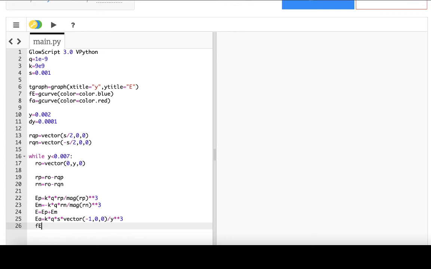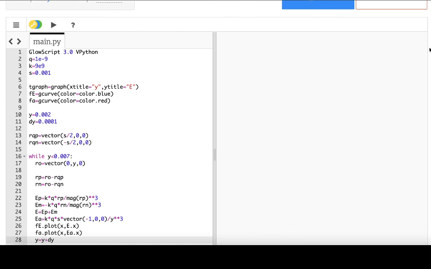So FE dot plot x, and the y coordinate is going to be E dot x. I can't plot the vector E. I can plot an x component of the vector E. And then FA dot plot is going to be x, EA. What did I call it? EA dot x. And then I need to increase the y value. Y equals y plus dy.